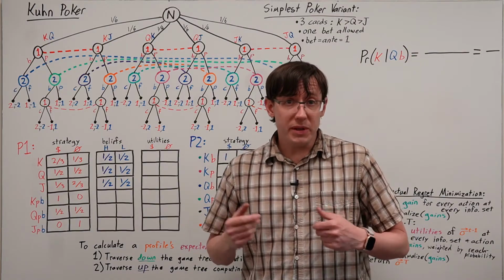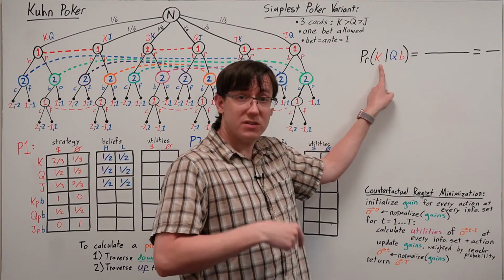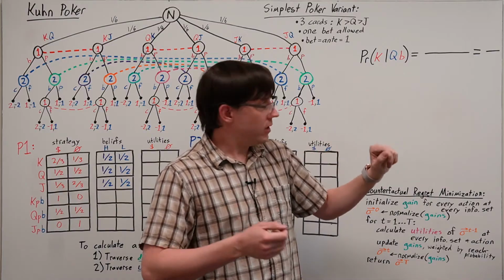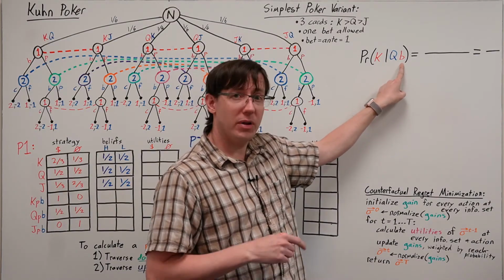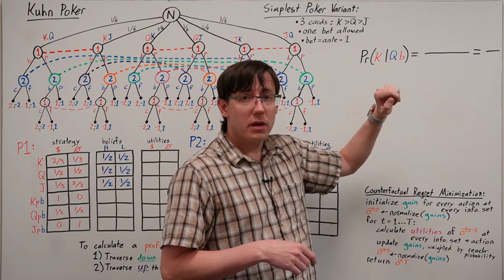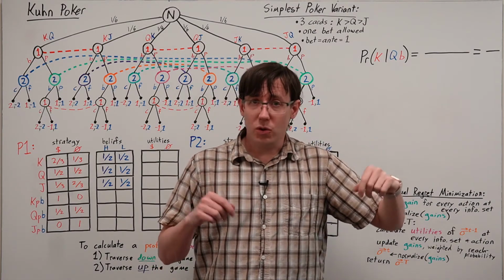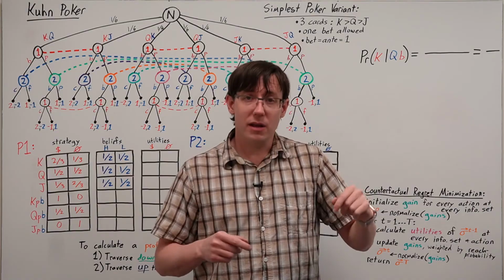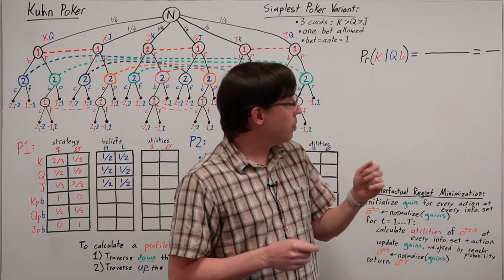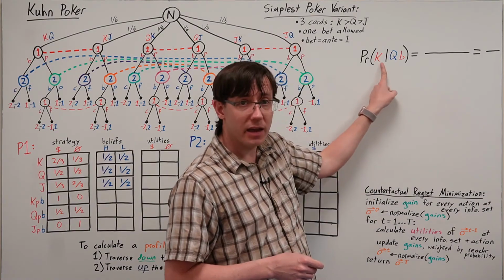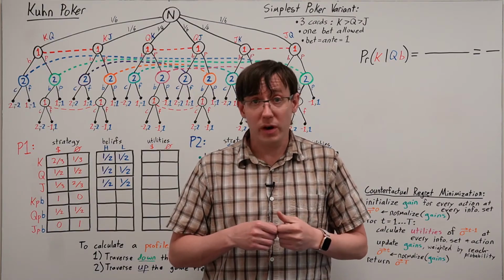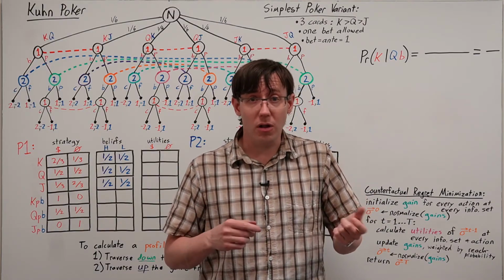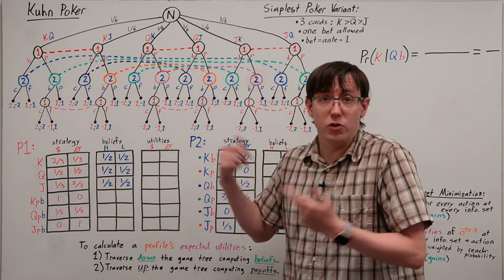So the probability that player 1 was dealt a king, given that player 2 was dealt a queen and saw player 1 choose bet, is, by Bayes' rule, equal to the probability that player 1 would play bet when they have a king, divided by the probability that player 1 would play bet overall in either of the 2 possible states.